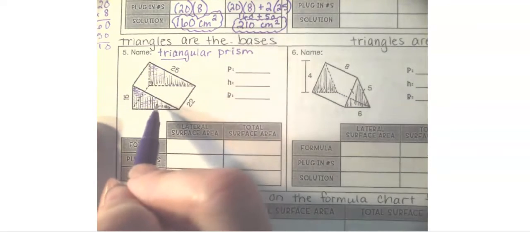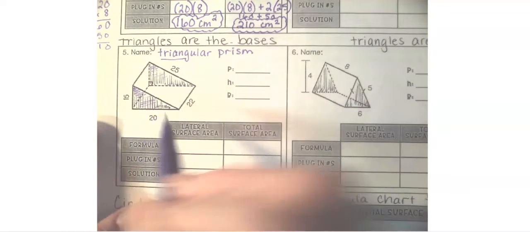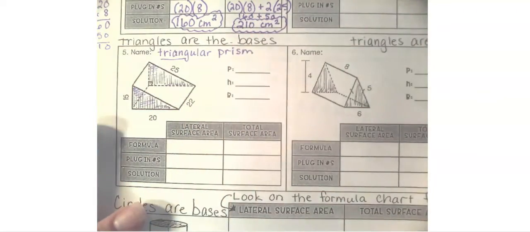The triangles are the bases. Capital P, if you need to come down here at the bottom of your page and write capital P, that's the perimeter of the base. Okay.